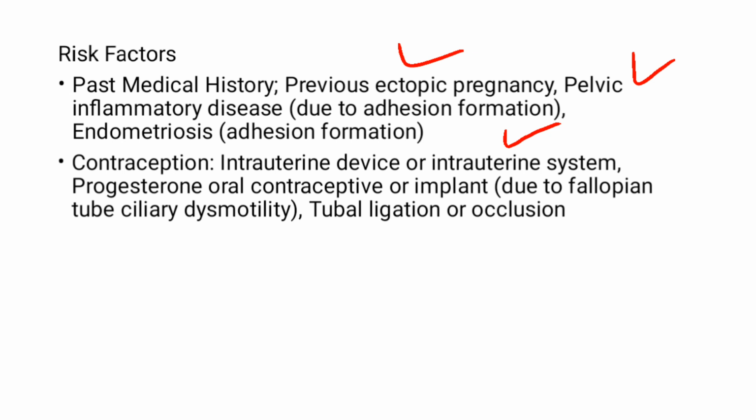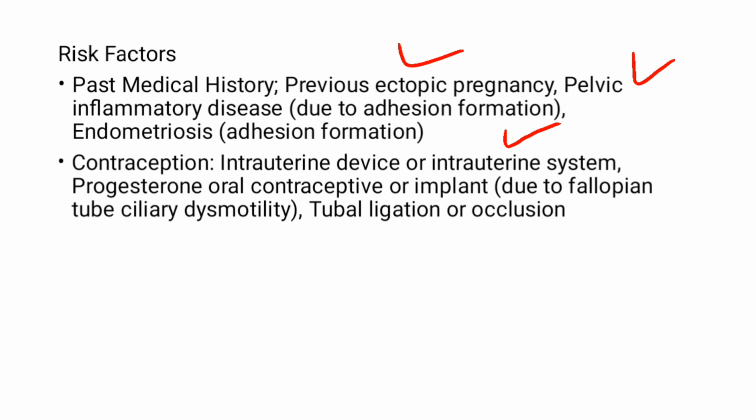If the IUCD fails in preventing someone from becoming pregnant, when it fails and someone becomes pregnant, that's when they are going to have the ectopic pregnancy. Because if it's working properly, then someone can't become pregnant.